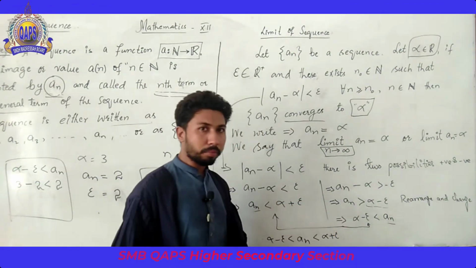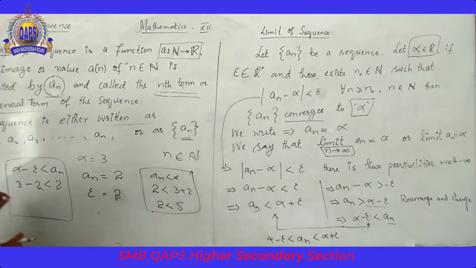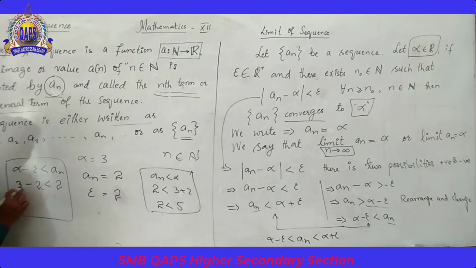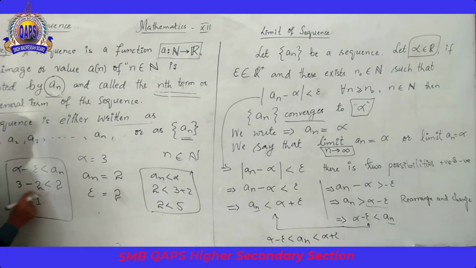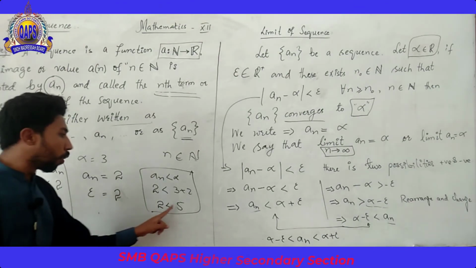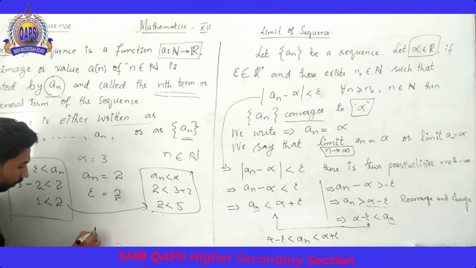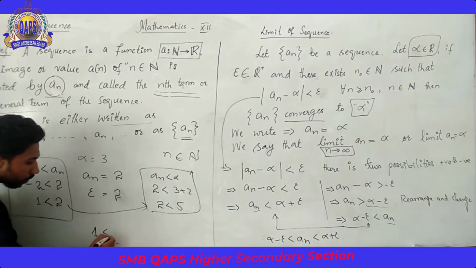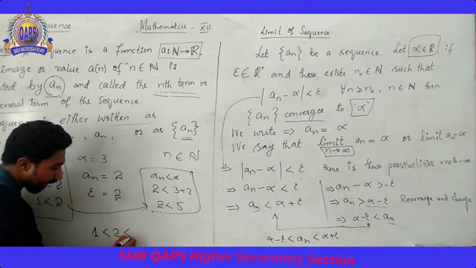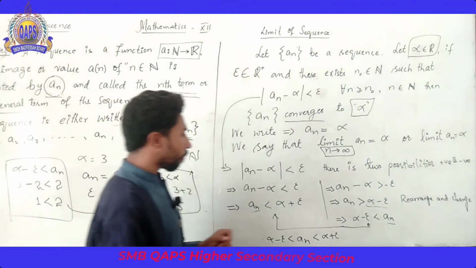So we can say that it is satisfied, because 3 minus 1, when we replace this value, converts into 1 less than 2 and 2 less than 5. So here we can write 1 less than 2 and 2 less than 5. So this condition will be the same.